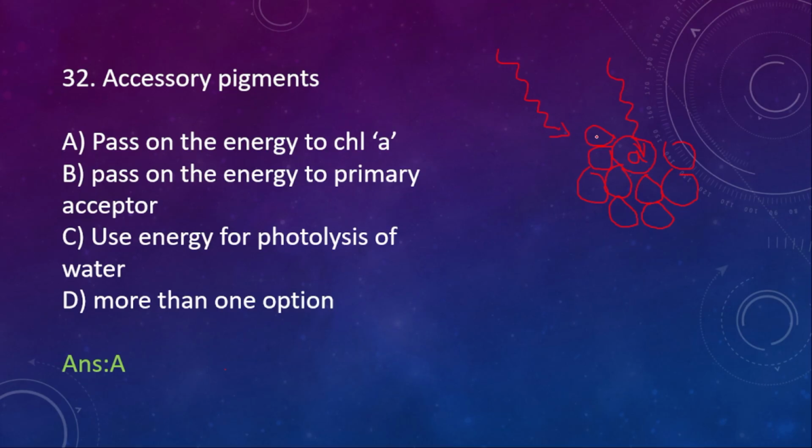They are absorbed by the accessory pigments around chlorophyll A, which pass on the energy to the next, and again pass it on, and finally hand over their energy to chlorophyll A. So the passing of energy is to chlorophyll A. That is the right option, option A.